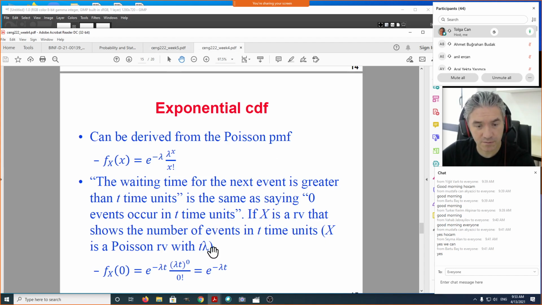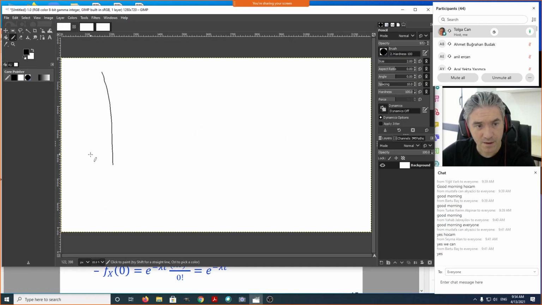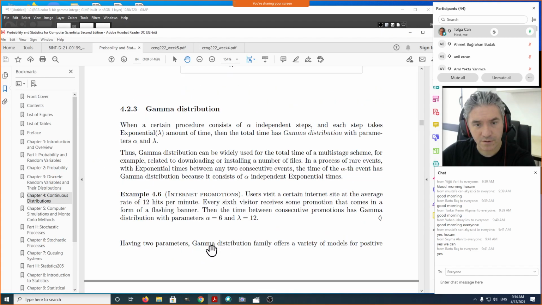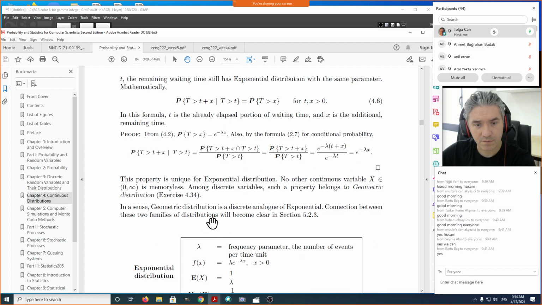So it means this. Let me draw it on GIMP. So here, if this is our time, actually I think we have a better figure in the book. Let's see, do we have it? No, we don't have that figure.